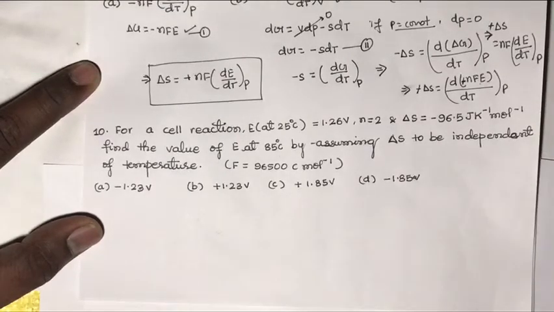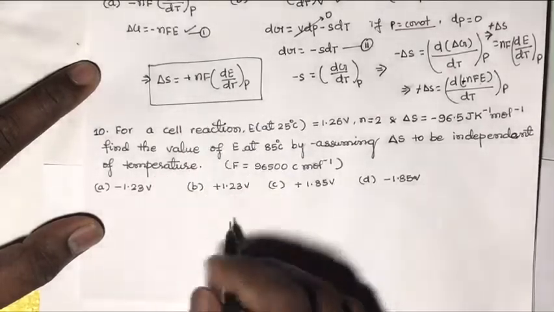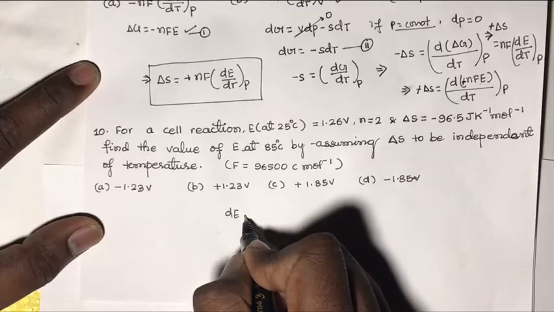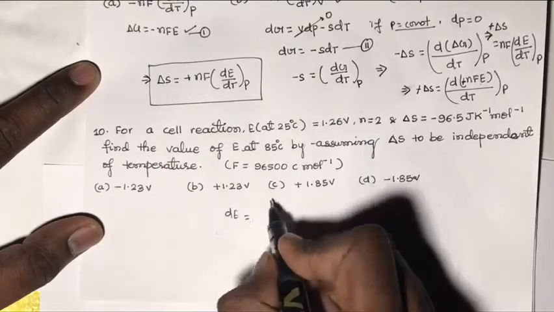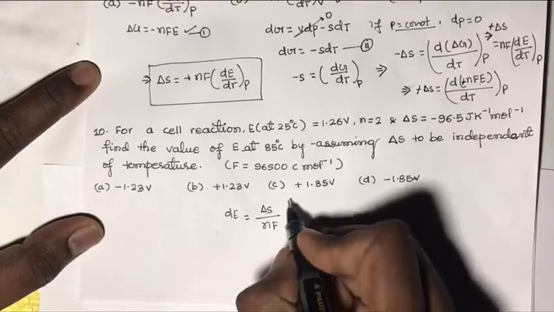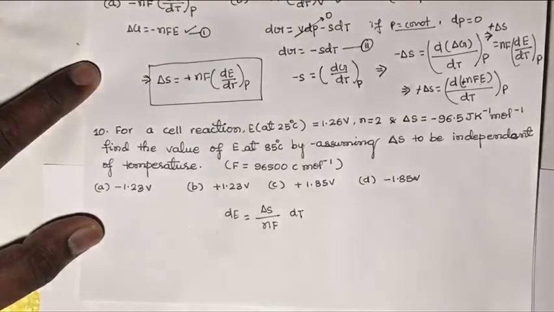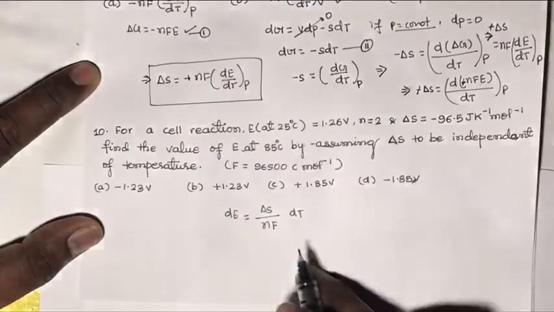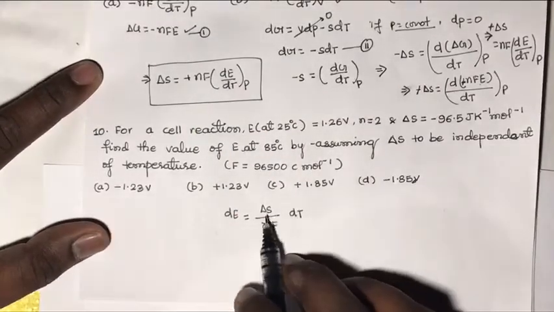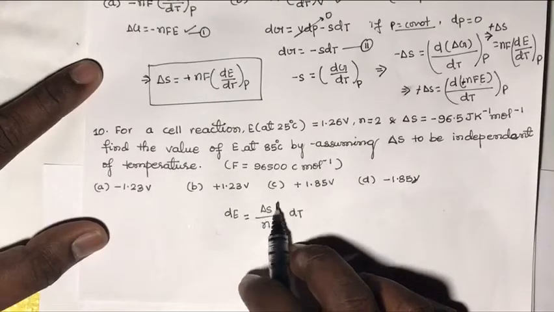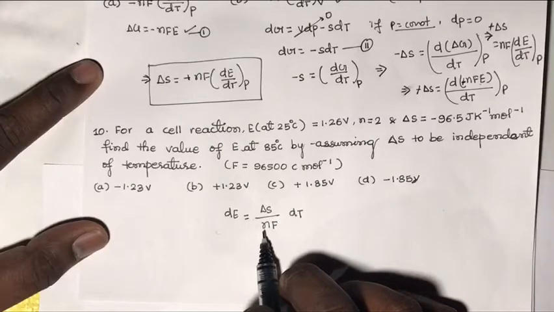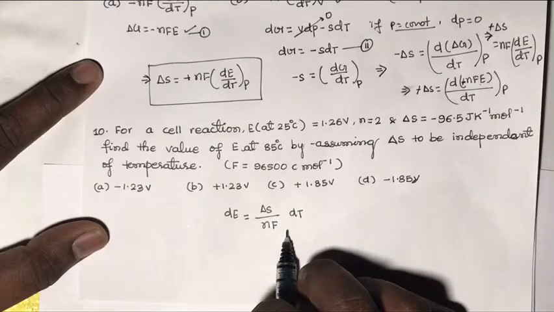Now, from this expression we can write dE equal to delta S upon NF into dT. In this problem it is given that delta S is not going to change, it is independent of the temperature. N is the number of moles of electrons exchanged and F is the Faraday constant.